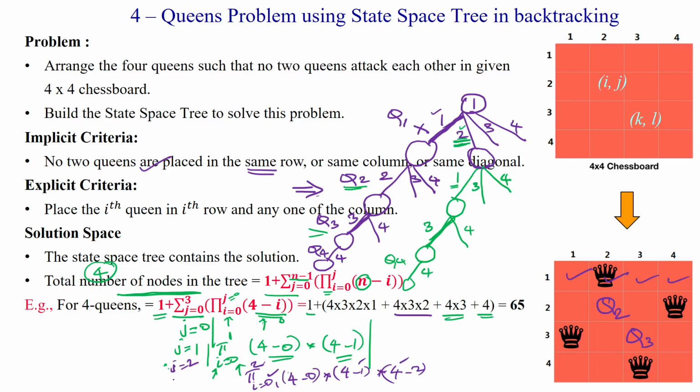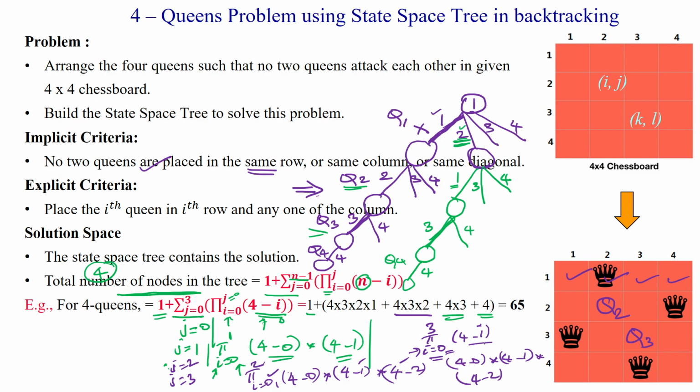Then when you increase the j value to 3, we get the product of i equal to 0 to 3. Then you have to substitute the i value 4 times. First i equal to 0, 4 minus 0, multiplied with, then i is incremented by 1, 4 minus 1, then i becomes 2, so 4 minus 2.